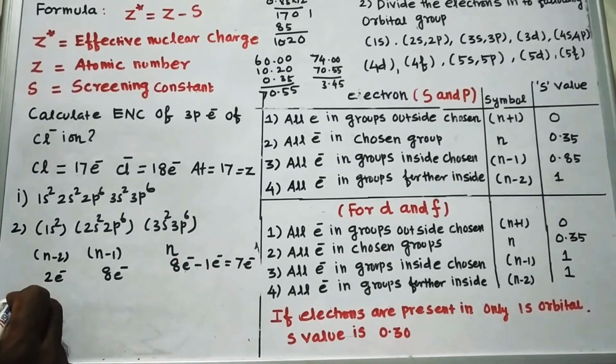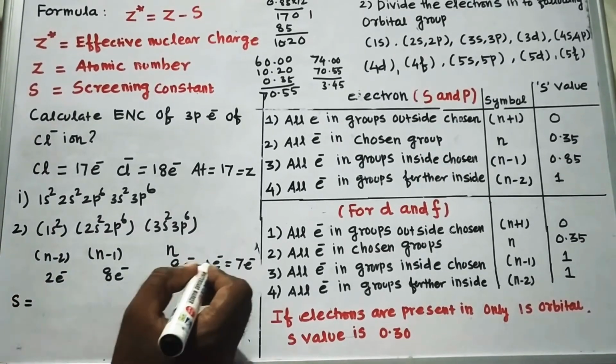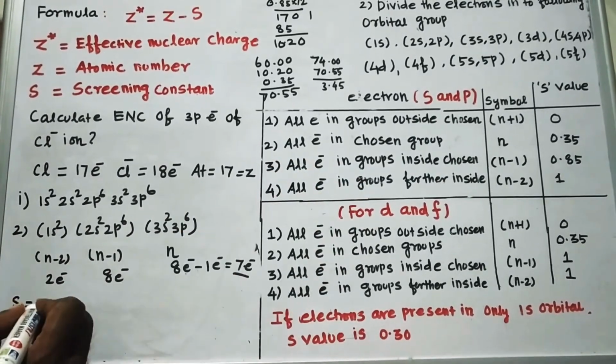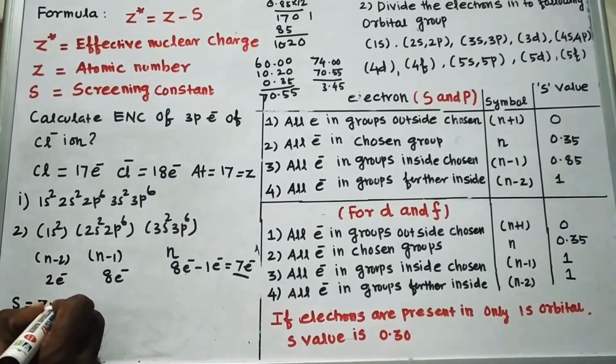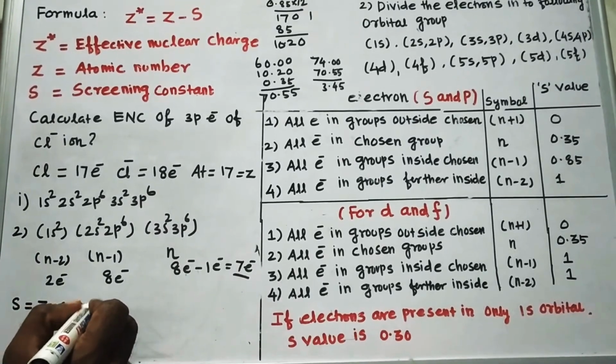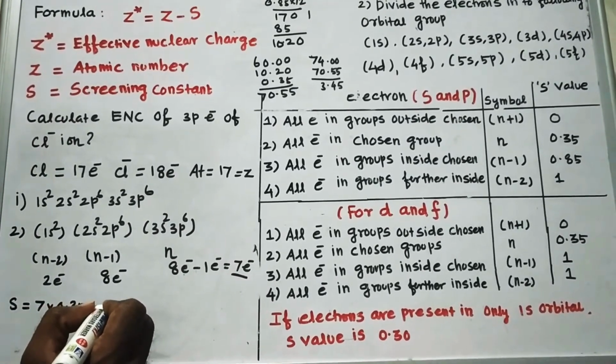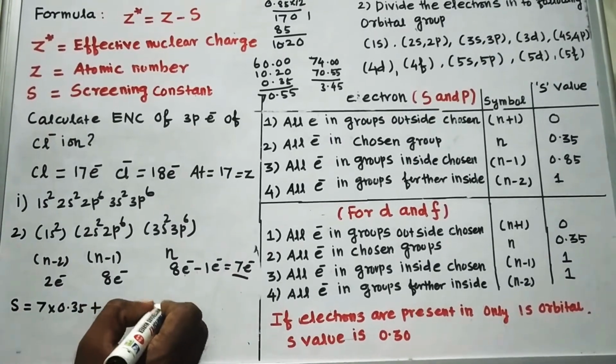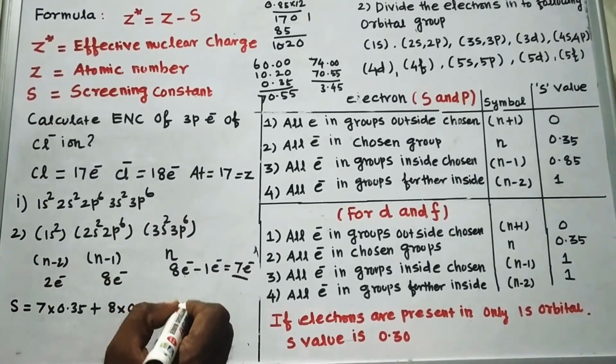Now we are going to calculate the S value for the chosen electron. For s and p sets, it is equal to 7 into 0.35, plus in the n minus 1 shell there are 8 into 0.85, and in n minus 2, 2 into 1.